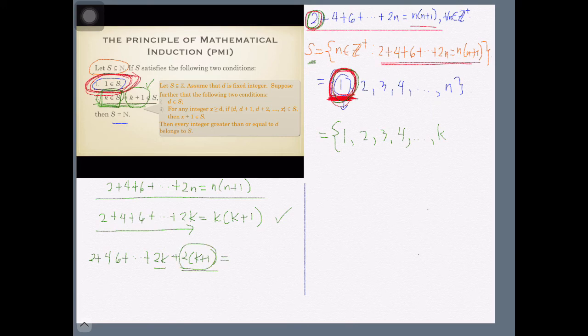A common error is that others would think that after 2k is actually 2k plus 1. No, it would be that after whatever k is, that would be 2 times whatever k plus 1 is this time. As mentioned earlier, if you are to add this term at the left side, we have to add that as well to the right side of our equation.